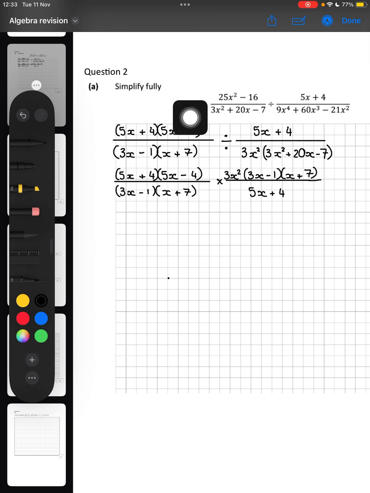If I multiply fractions, it's just top by top, bottom by bottom. Okay, numerator by numerator, denominator by denominator, or you can start cancelling stuff now. Okay, it's up to you.